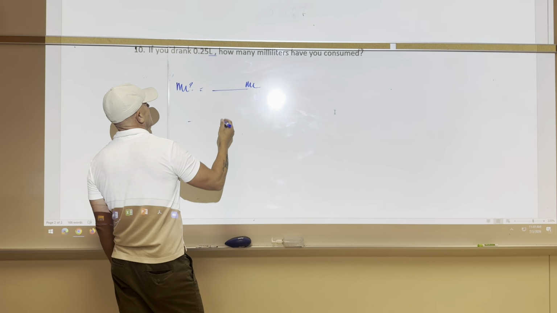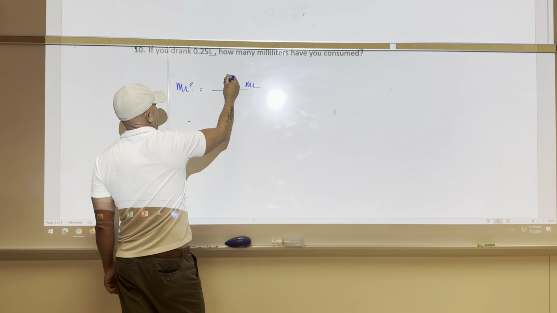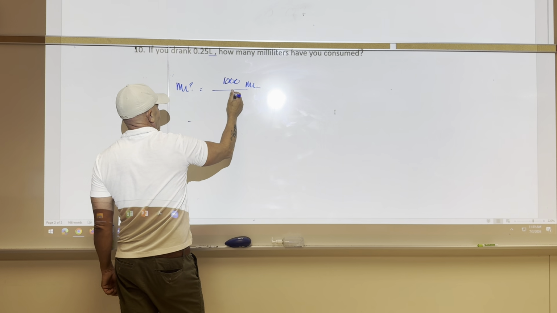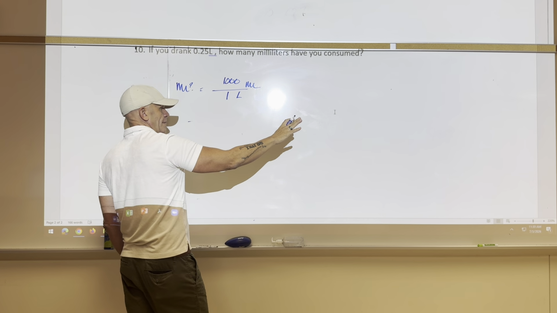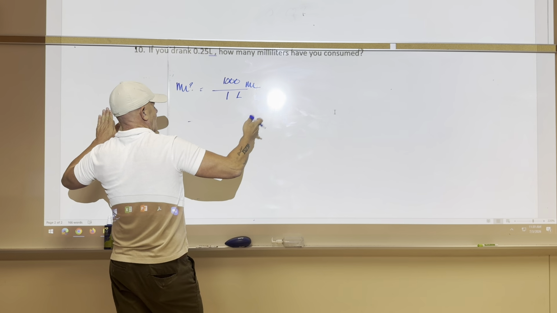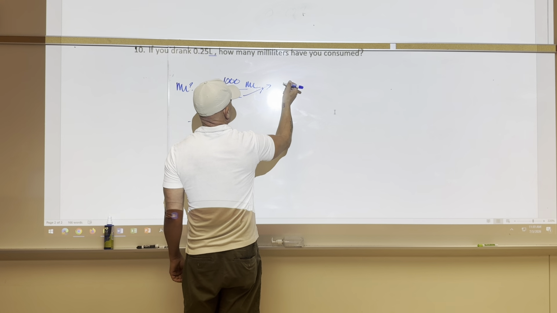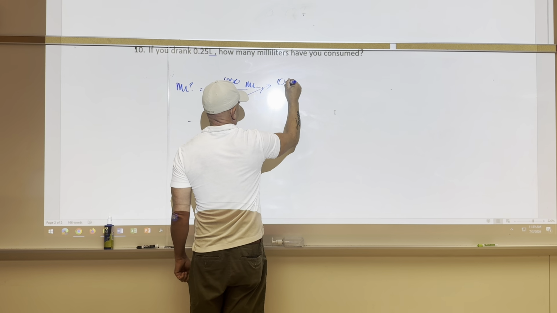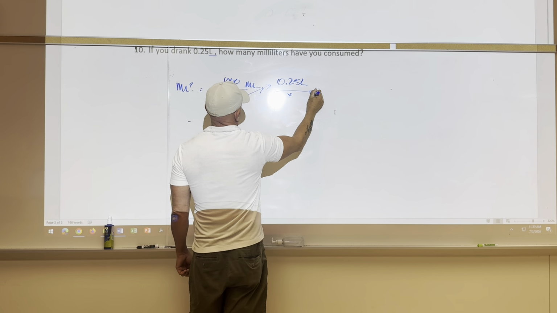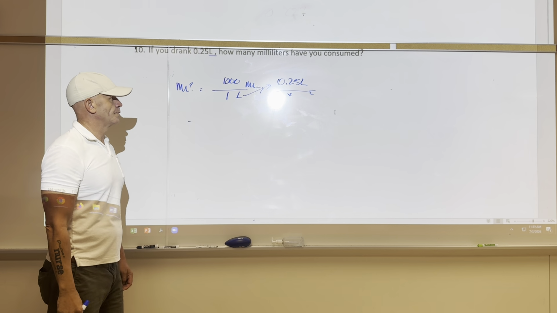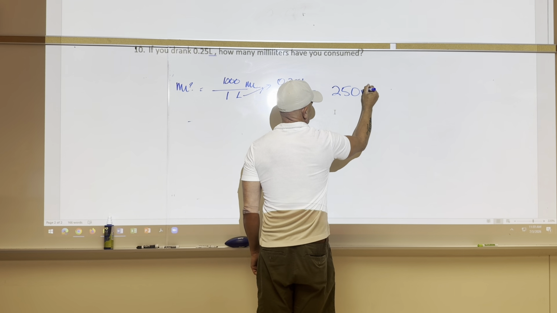Well, 1,000 milliliters is equal to 1 liter, correct? Milliliters over here, liters over here. So we bring the liters up, that gives you 1 times liters, that comes up here, they give you 0.25. And what do you get? 250 mLs.